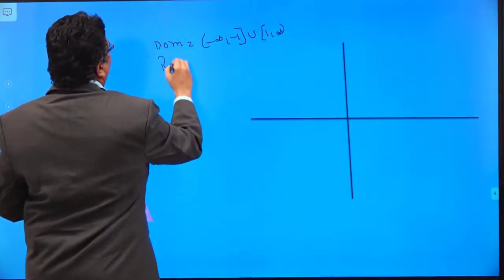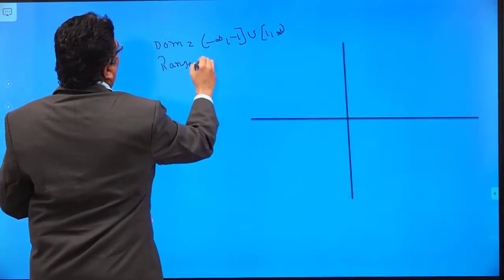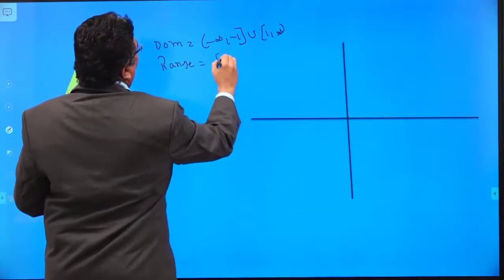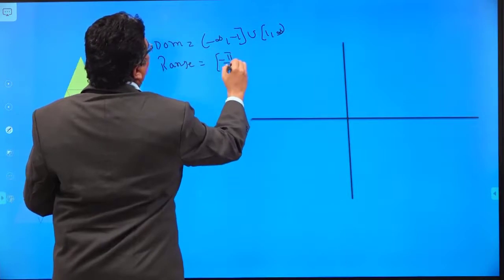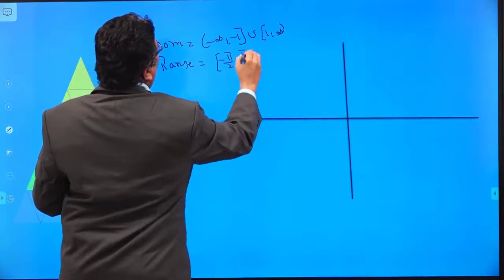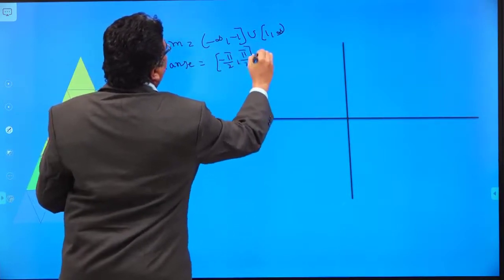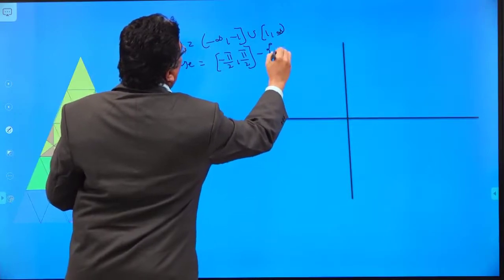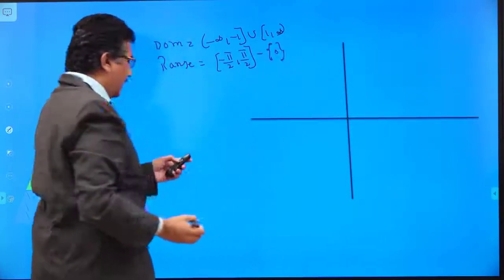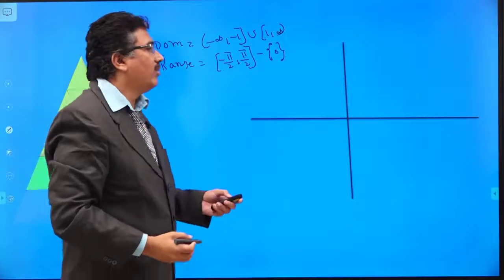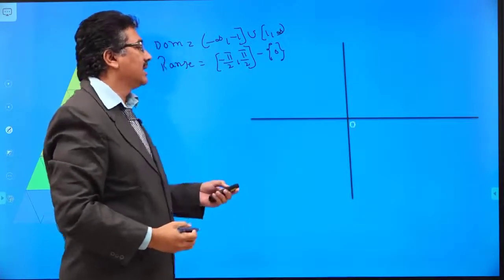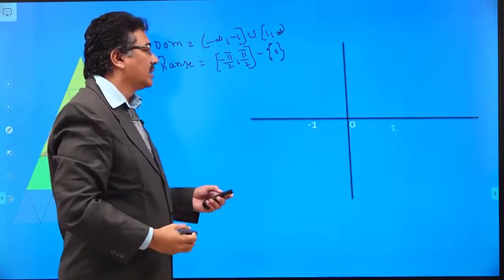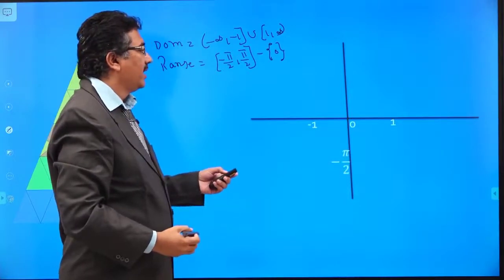Range is closed interval minus pi by 2 comma pi by 2 excluding the singleton set 0. By taking the domain values on the x-axis and range values on the y-axis.